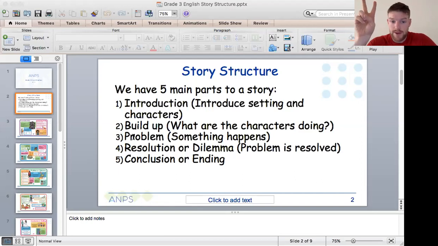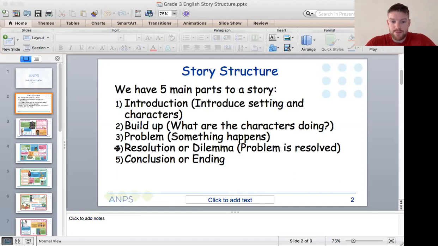Second part of the story is the build-up. Basically that is, what are the characters doing in the story? The third part of the story is the problem. So something happens, there's a problem.